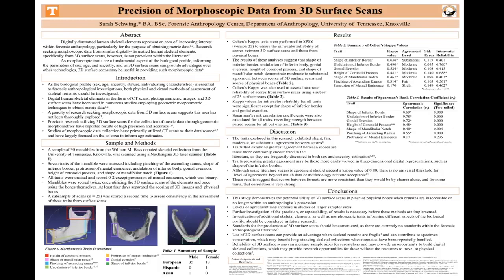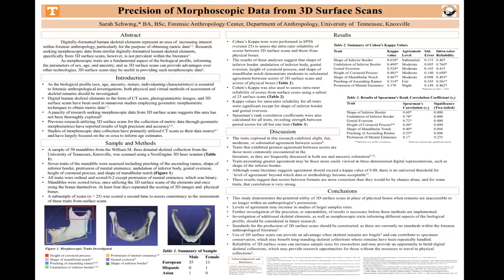Sarah, do you plan to continue with this line of research? I do. This is actually kind of a preliminary study, and I'm using this for my master's thesis. The direction that I plan to take this next is the cranium.